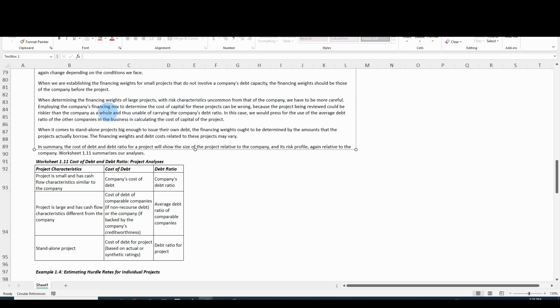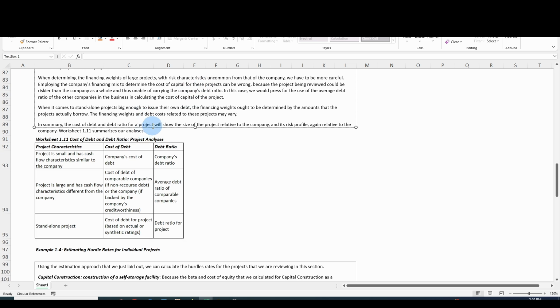Employing the company's financing mix to determine the cost of capital for these projects can be wrong, because the project being reviewed could be riskier than the company as a whole and thus unable to carry the company's debt ratio. In this case, we would press for the use of the average debt ratio of the other companies in the business in calculating the cost of capital of the project.